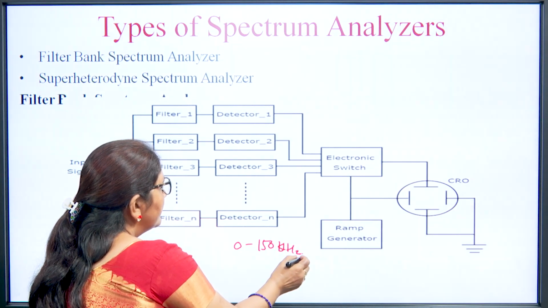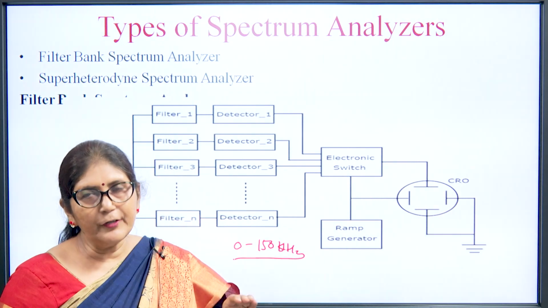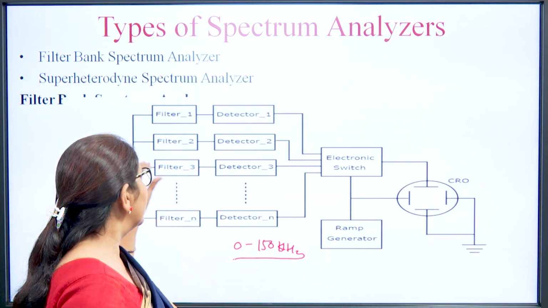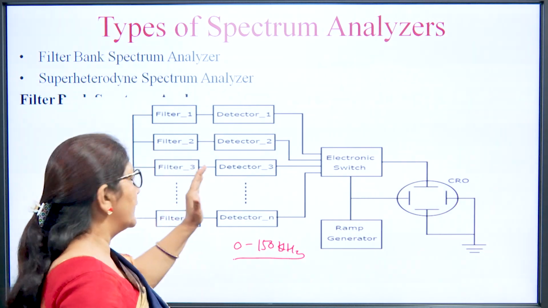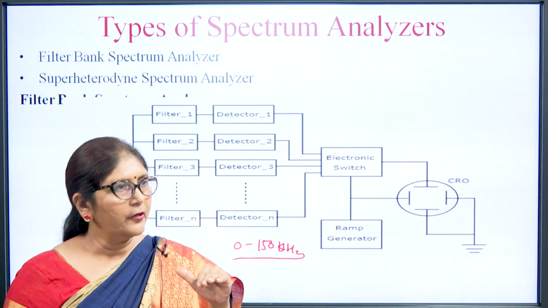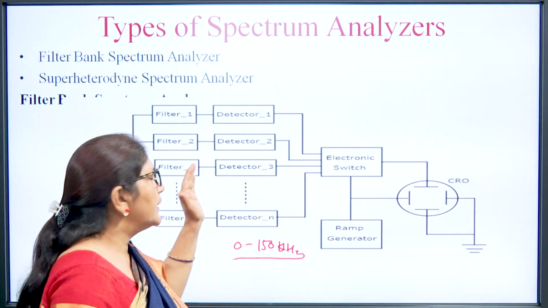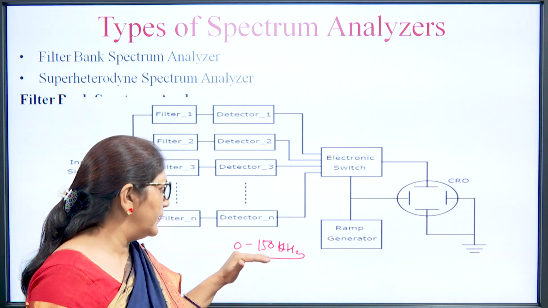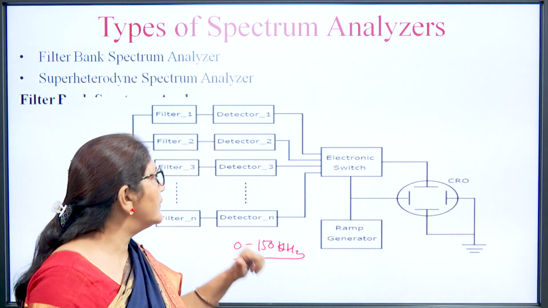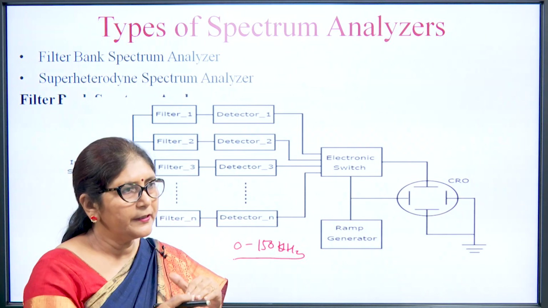The filter which has a cutoff frequency of 150 kilohertz is selected, and that filter will pass the input signal, and the other filters will not pass the input signal. So, the input signal is passed through that particular filter which has the same cutoff frequency of 150 kilohertz, and then there is a detector circuit.